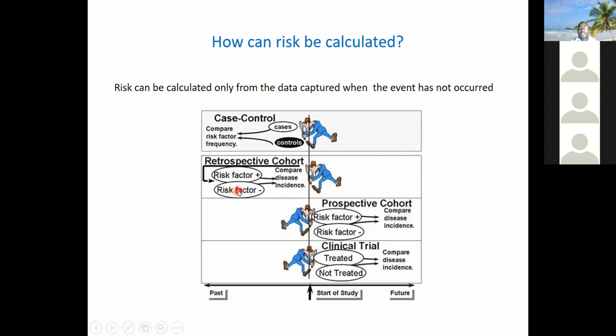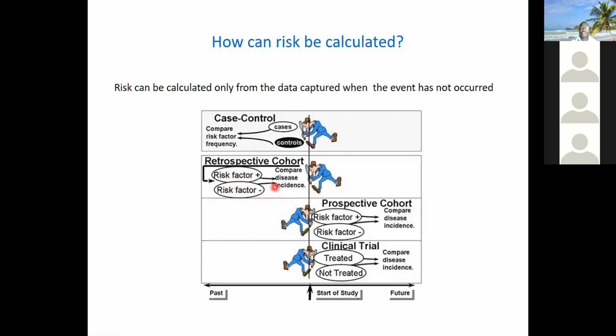If you look at it, this one is retrospective, but if you move from whether there is a risk factor or no risk factor to the disease, you are saying these people are exposed. For example, varicose vein and OCP. These people take OCP, these people do not.